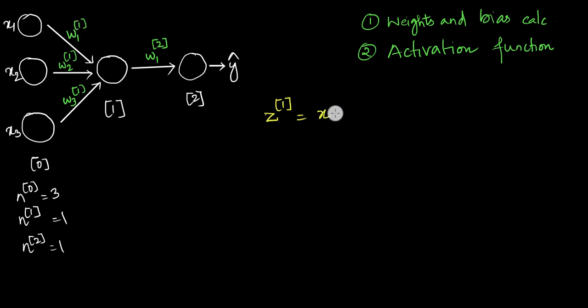So x1 into W1 of the first layer, plus, there is another input coming inside here, which is x2, multiplied with W2 of the first layer, plus x3, which is going to be multiplied with W3 of 1.